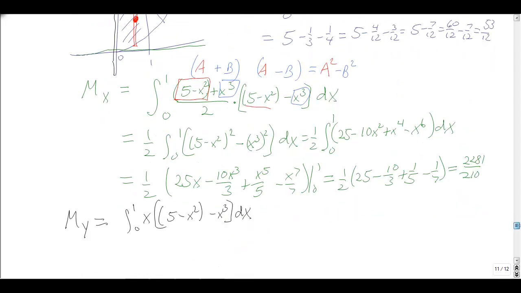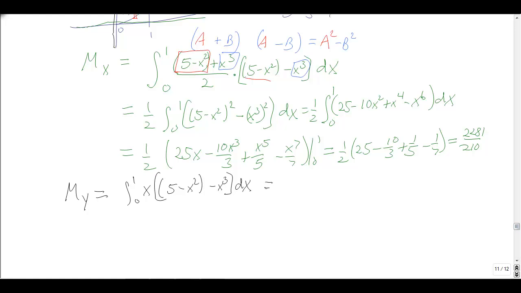So that's our moment about the y-axis, and we just have to evaluate this. So we get a 0 to 1. We can distribute the x. We get 5x minus x cubed minus x to the 4th dx. So that's going to spit out a 5x squared over 2 minus x to the 4th over 4 minus x to the 5th over 5, evaluated from 0 to 1.